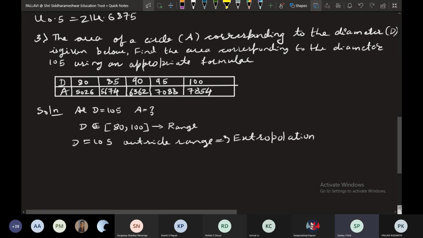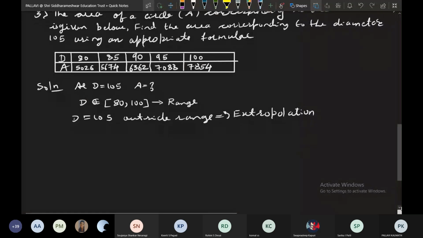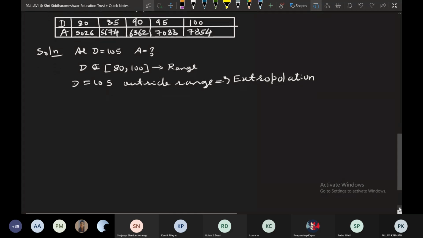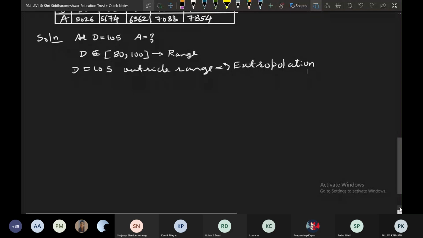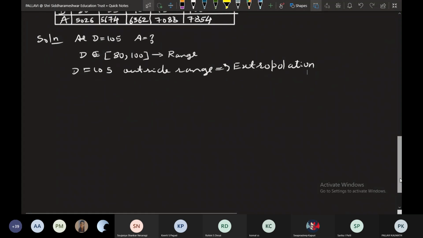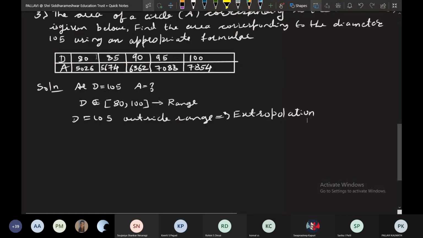Okay, so you are going to use forward formula or backward formula? Backward formula. Okay, so before using the formula for backward interpolation, what is necessary? R value, H value, and you should find the difference table. Can anybody tell me what is H, the difference between the values of the diameter? 5, ma'am.